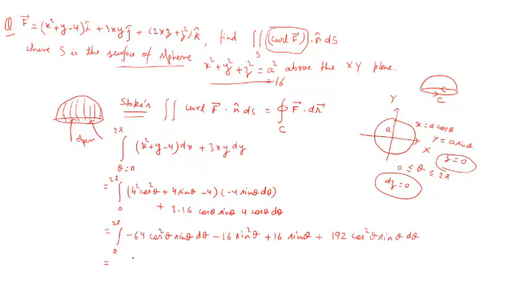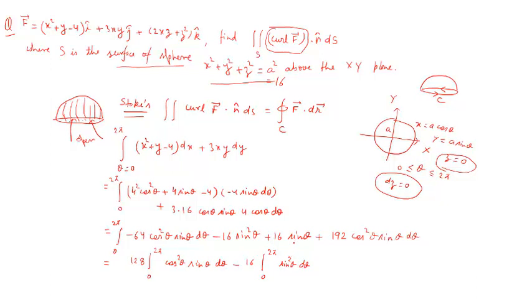So it is 128 times the integral from 0 to 2 pi of cos square theta sin theta d theta, minus 16 times the integral from 0 to 2 pi of sin square theta d theta.